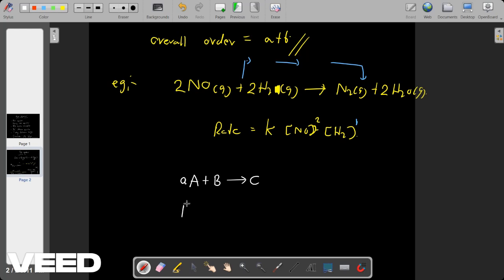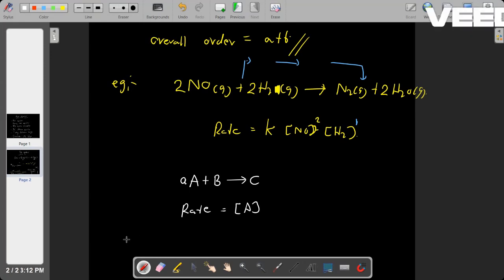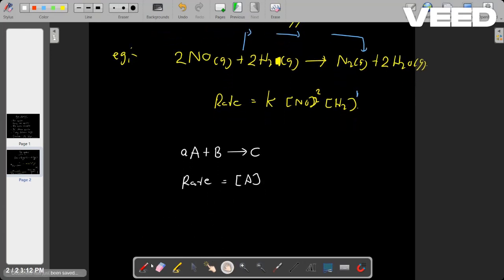So I'm writing the rate equation as rate equals... what can you tell? I'm asking what is the order of the reaction with respect to B? How do you answer? B is 1. So if it is B, it is not written here. Order of reaction, how do you say that?